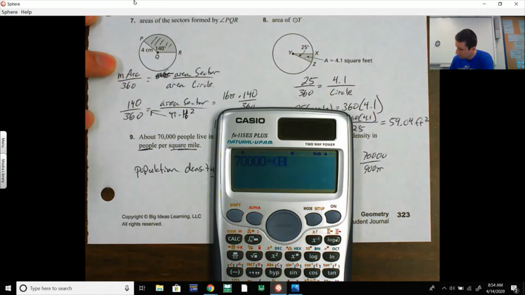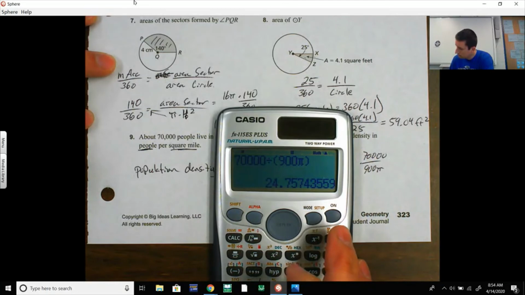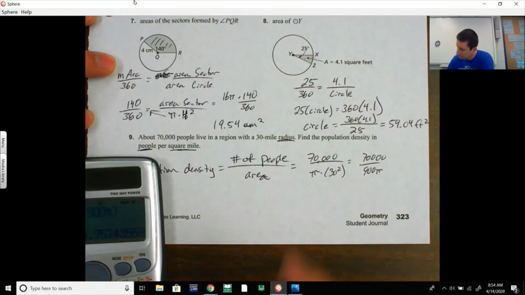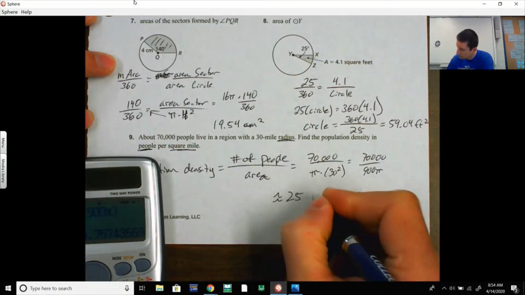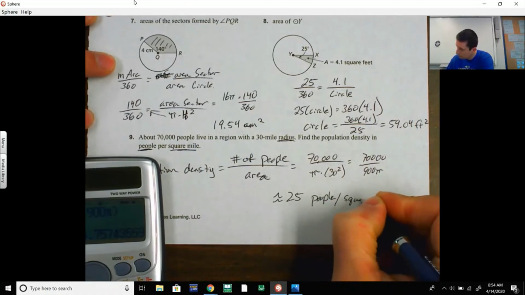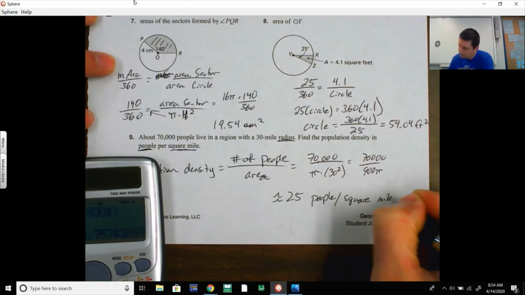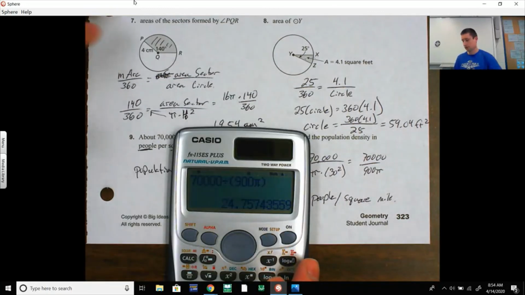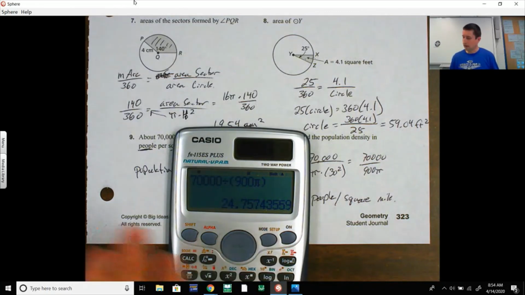Again, I'm using parentheses to make sure that's together. And about 25 people per square mile. If they want the average, it'd be 24.75, but we know we should not have 3/4 of a person.